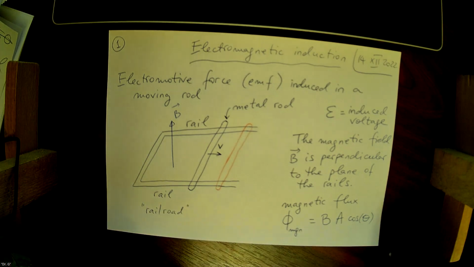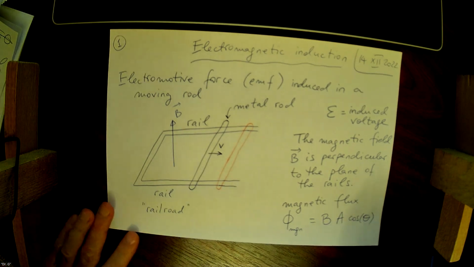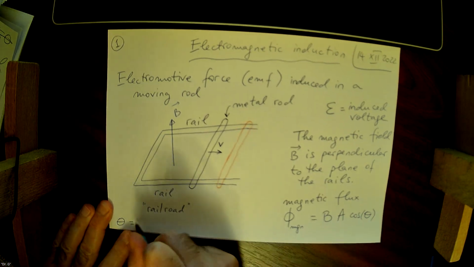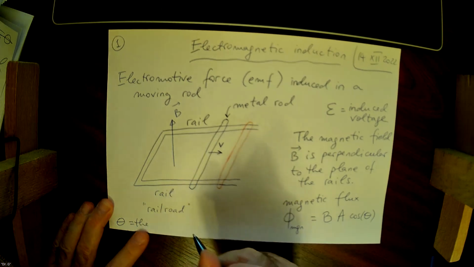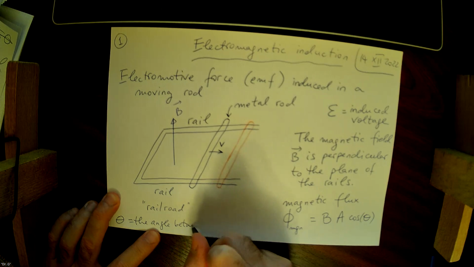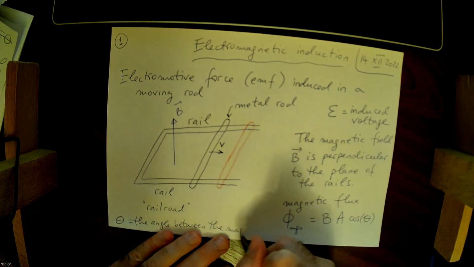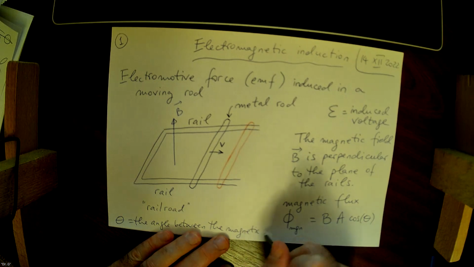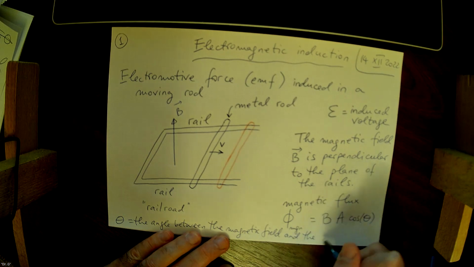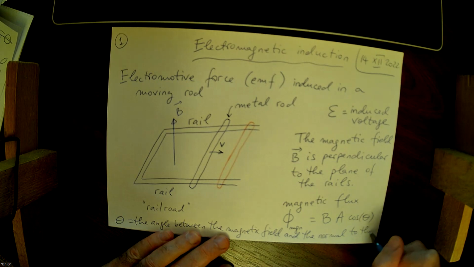The angle between the magnetic field and the normal to the surface. So theta is the angle between the magnetic field and the normal to the surface.